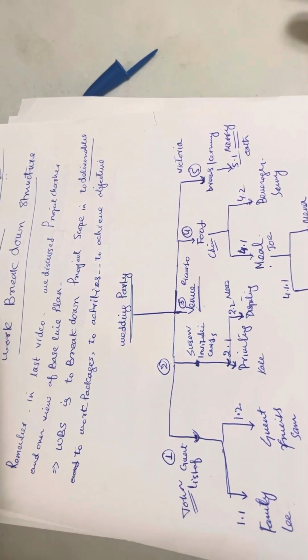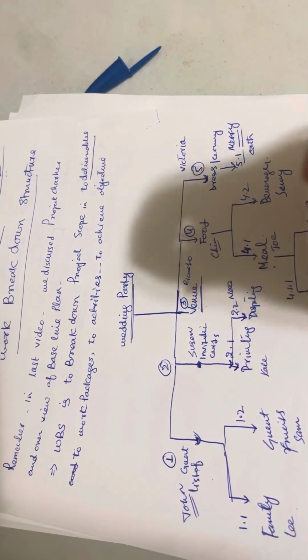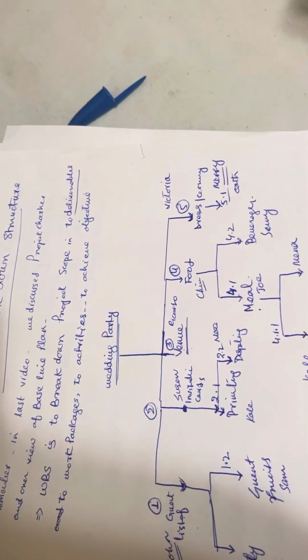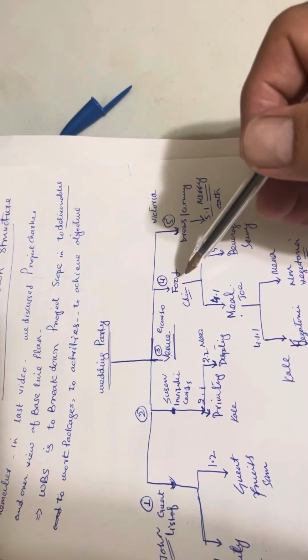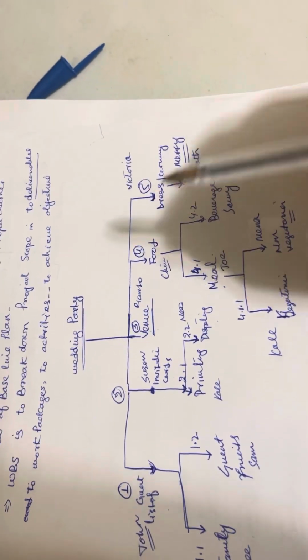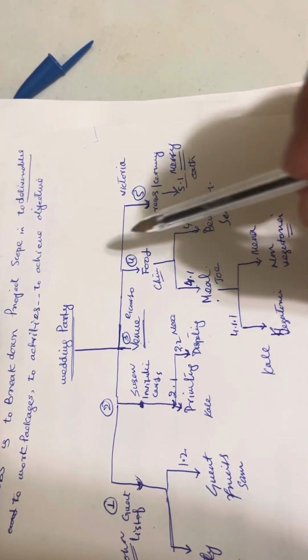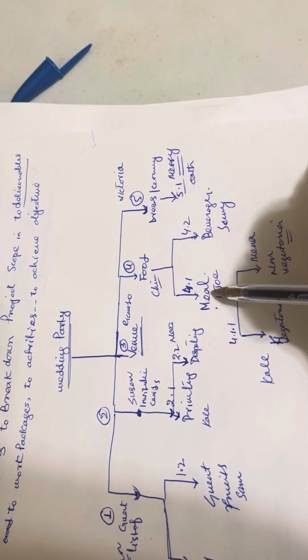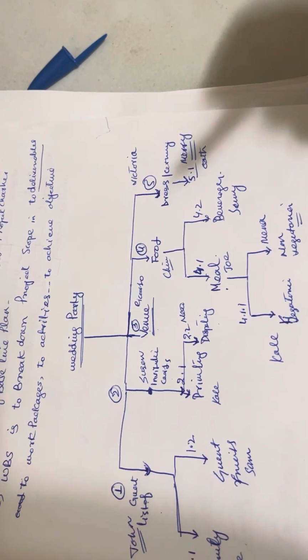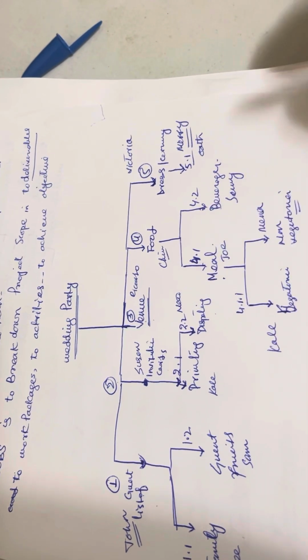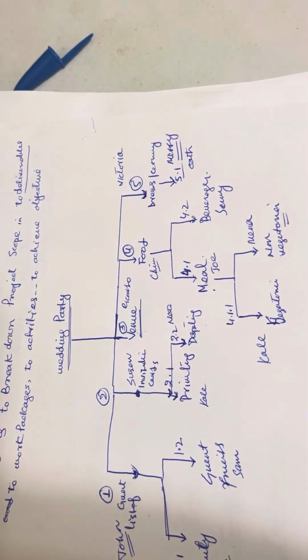When it comes to the place or the marriage hall, I didn't divide it further. You don't need to divide everything further. The fourth one is the food. I further divided this deliverable into meal and beverages. Beverages may be anything, and the meal I further divide into vegetarian and non-vegetarian.